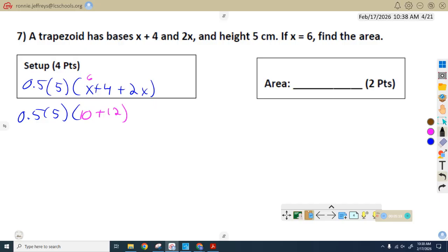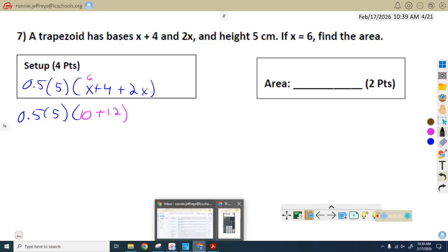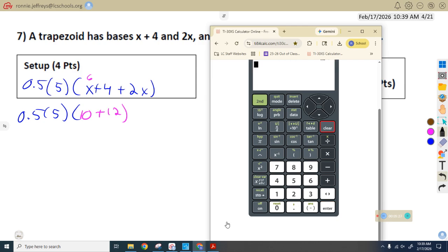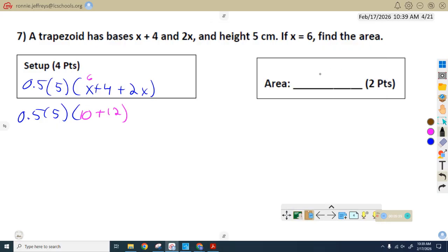Nobody asked questions. Everybody copied it down. So it may or may not be on a test. Okay? See, this would be 22. So this would be 55 centimeters squared.